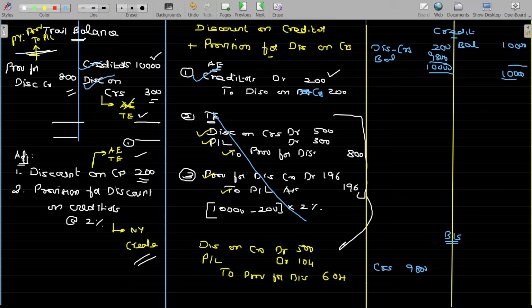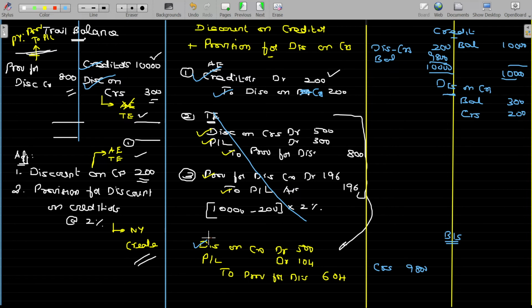And now we'll move on to the discount on creditors. Start with the credit balance, value being 300. Because of the first journal entry, again we are posting in the credit side as by creditors, value rupees 200. As second and third entries clubbed, I just straight away pass the combined entry here.